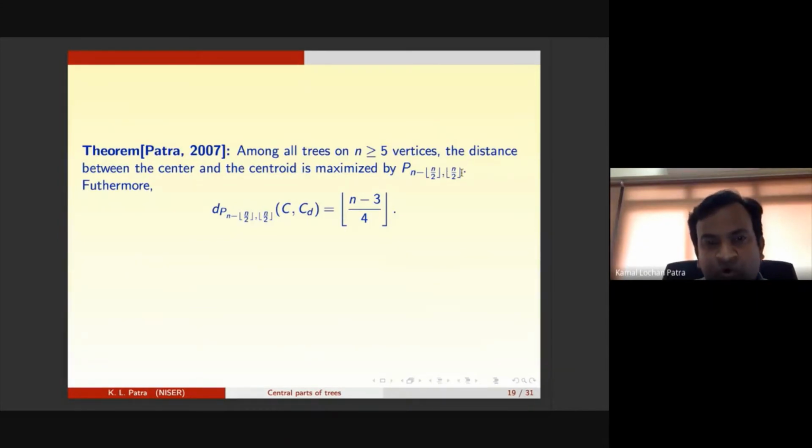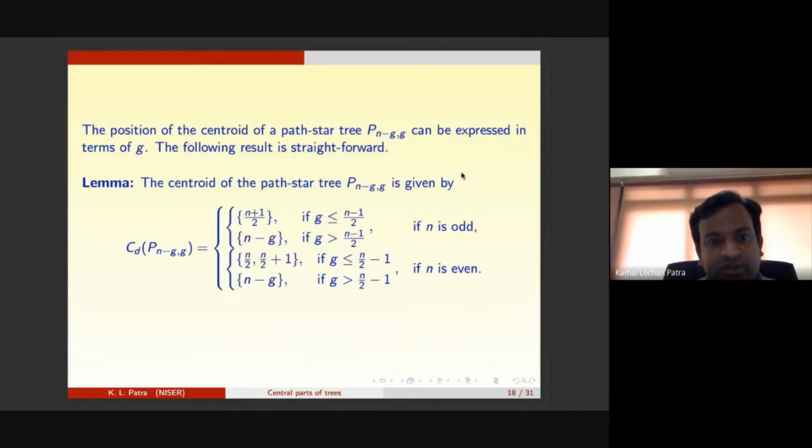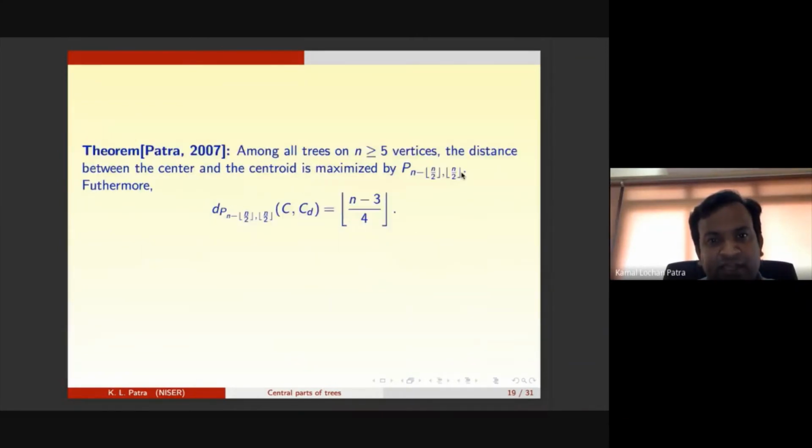Since we know the position of center and centroid in any path star tree, using the last two lemmas, it can also be proved that the distance between center and centroid in this path star tree is the greatest integer of n minus 3 by 4. So that means among all trees on n vertices, the maximum distance between center and centroid is the greatest integer function of n minus 3 by 4.